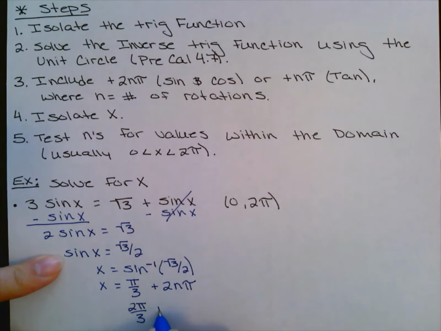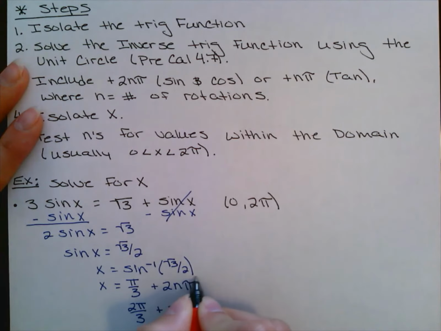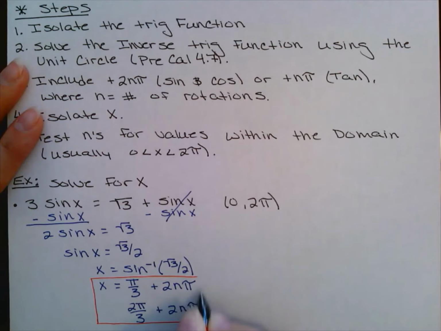N is a variable, taking into account multiple times that this can happen. The reason why it could happen multiple times is if my initial function had a stretch or a shrink, I can have more values within that domain. Okay? So at this moment, once I have isolated x and I have my 2n pi, we're going to call this our general solution. Okay?